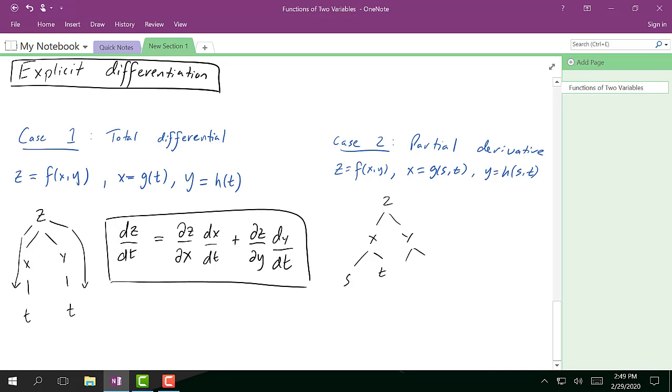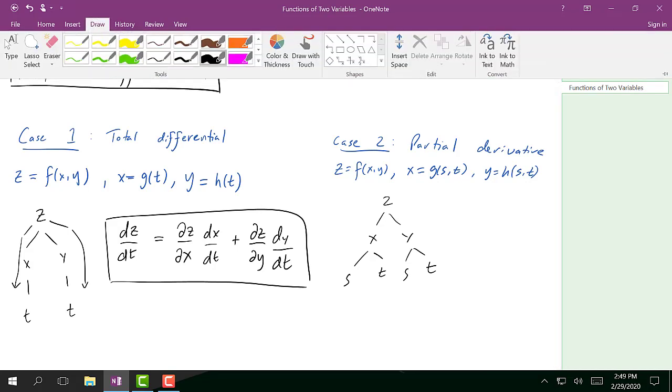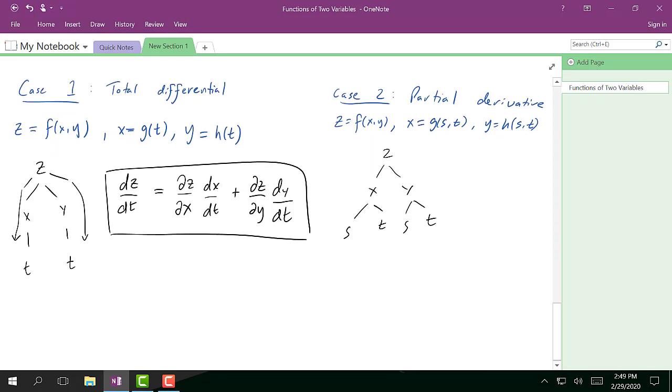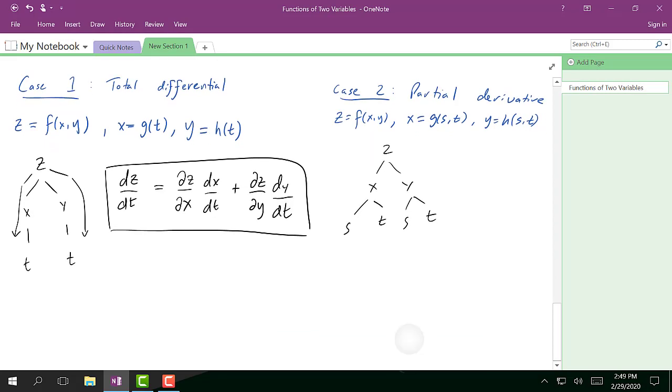s, t, s, t. And so for example, if I were so inclined to take the partial derivative of z with respect to s, what I have to do is go down every branch pathway that gets me to an s.